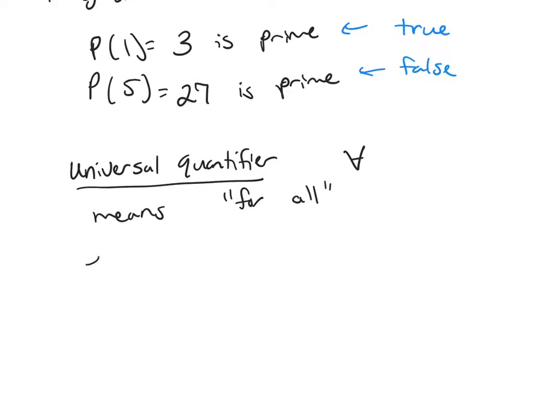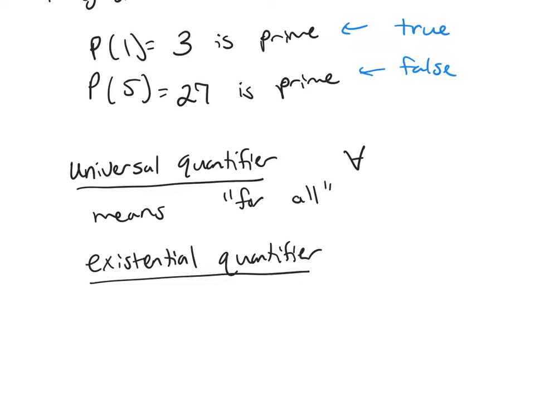And then we had the existential quantifier, which was a backwards E, and it means there exists. Another way you can think of it is there's at least one.